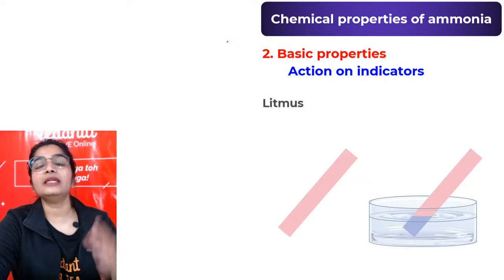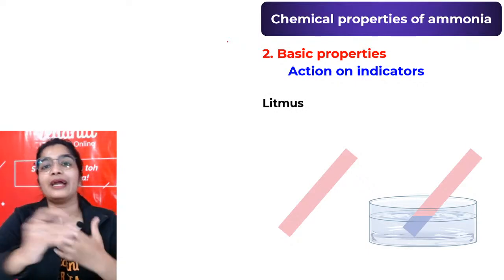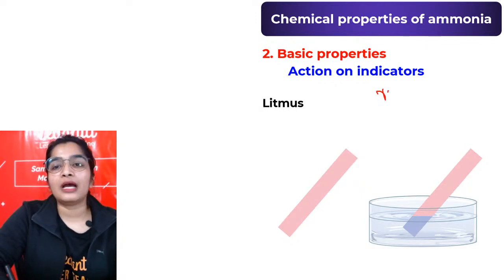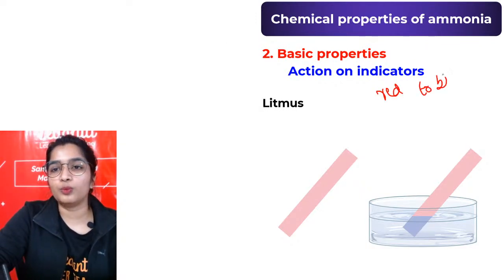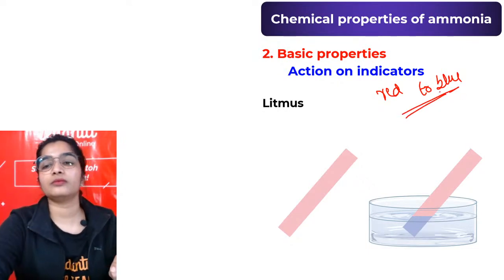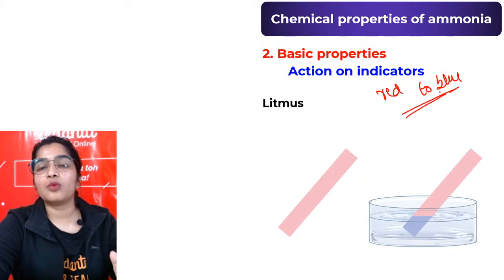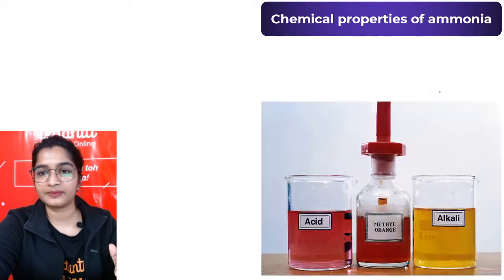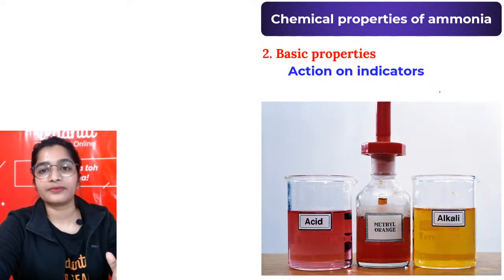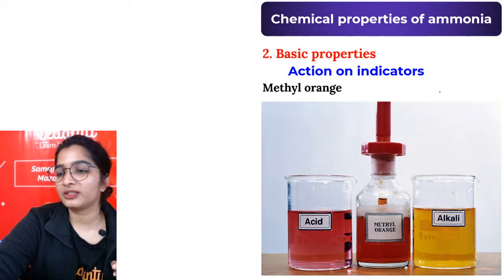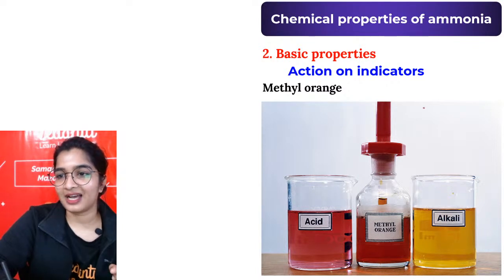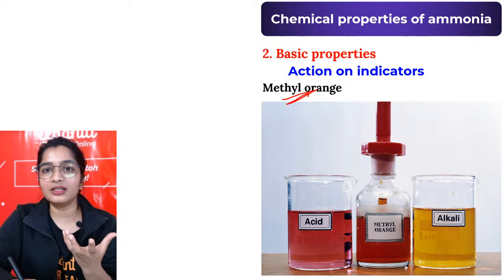So how does it react with indicators? Action on indicators. Litmus, obviously red to blue, as it's a base. And what happens with phenolphthalein? Methyl orange, red to yellow, okay. Methyl orange is basically orange in color.